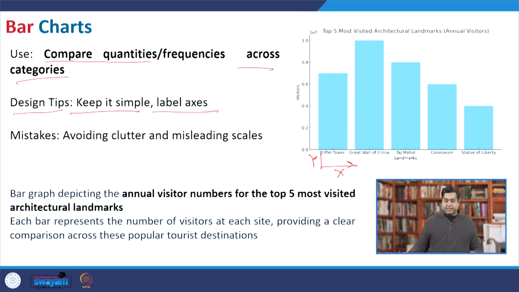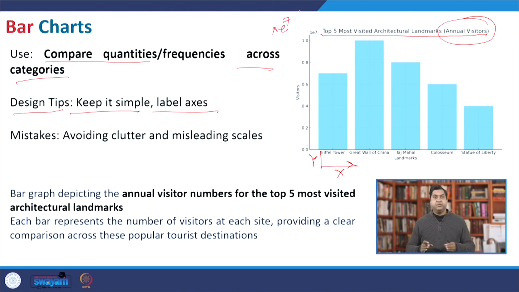This is one example, a hypothetical example, where the title of this bar chart is top 5 most visited architectural landmarks, and it is basically representing the annual visitors. So, in your y axis this is the visitors, and all this quantity is in the order of 10 to the power 7.